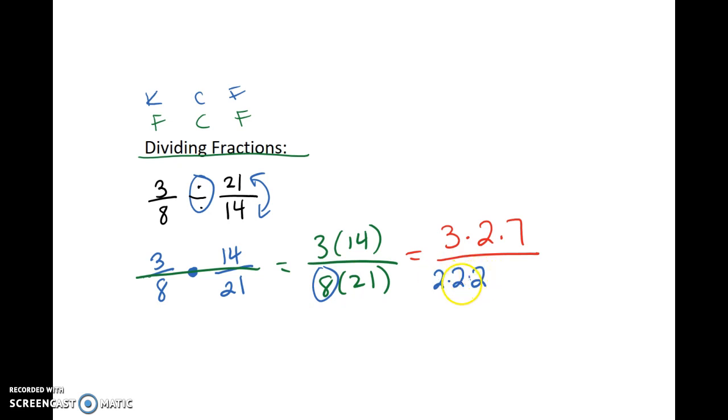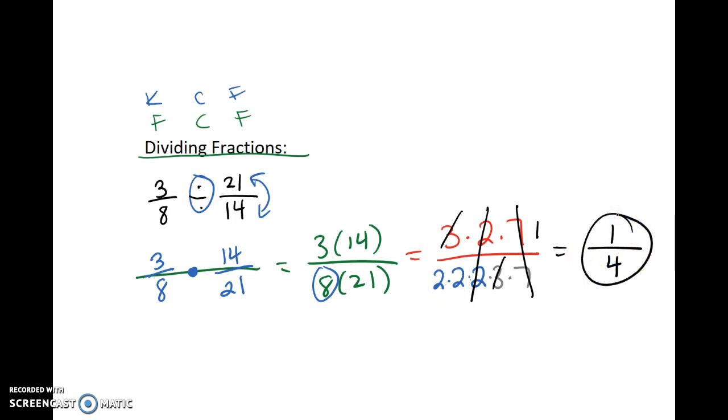Because it's 2 times 4, and 4 is 2 times 2. And 21 is 3 times 7. So these are all my factors, and I'm going to reduce what I can. 3 and 3. Okay, so on top, it looks like everything reduced to 1. So I have a 1 on top and a 2 times 2 on bottom, which is 4.